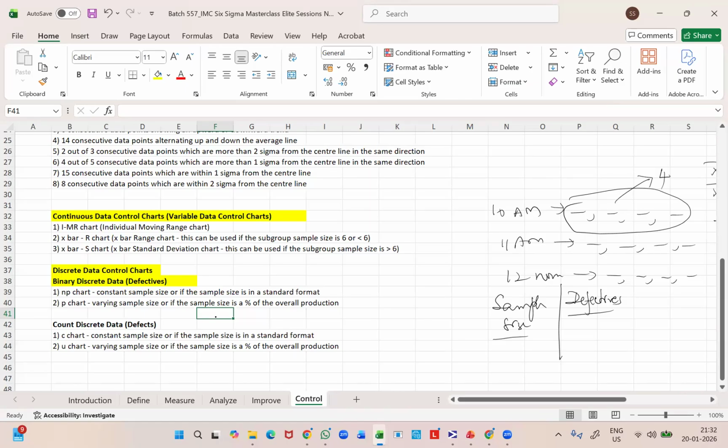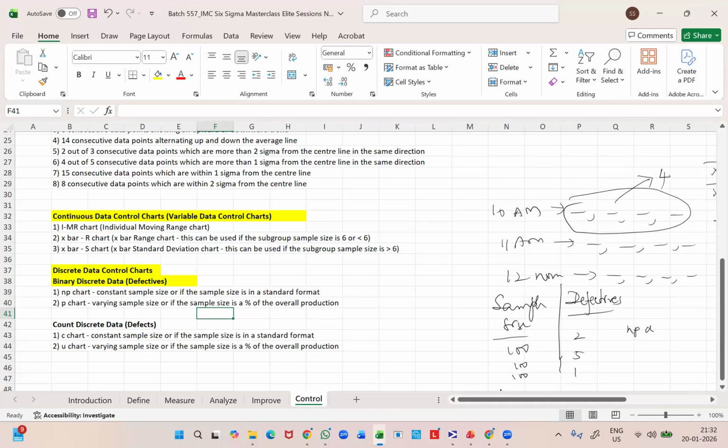So if you have a constant sample size, say we are actually plotting this data on a daily basis, and suppose the sample size is going to be 100 on each and every day, and you have the count of defectives, right? So if you want to plot for this scenario, you'll be using NP chart.